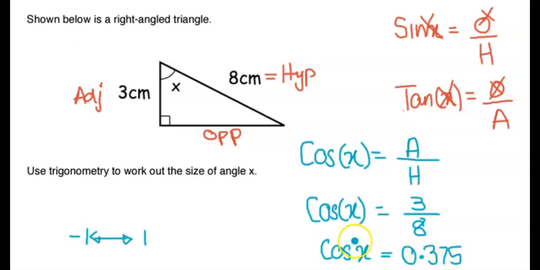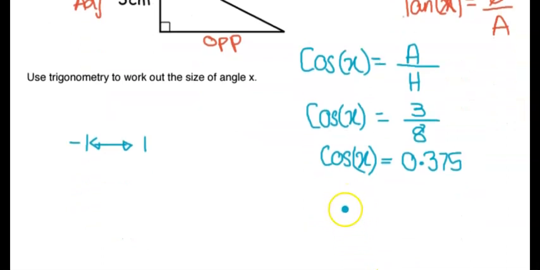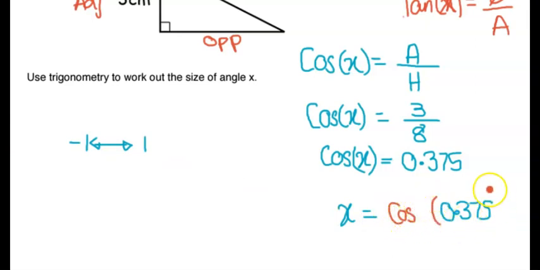The question is not cos x. The question is x. So what you do is you put the cos on the other side. How do we put the cos on the other side? You pick it up and move it to the other side, but when you do that, it becomes cos minus 1. We call it cos inverse. If you do shift and cos, that's what you will get.